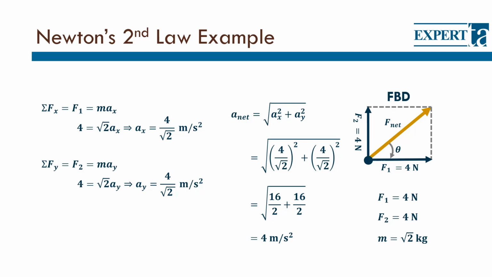And as we can see, the answer is the same. So now we still need to find the direction of this net acceleration, and the direction theta is going to be tangent inverse of ay over ax, which is again tangent inverse of 4 over square root of 2 divided by 4 over square root of 2, so tangent inverse of 1, which is again 45 degrees. That's the same value in both cases.